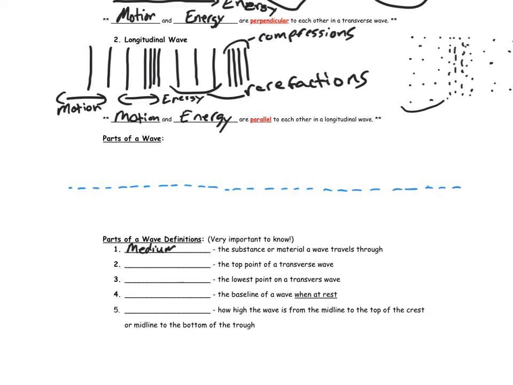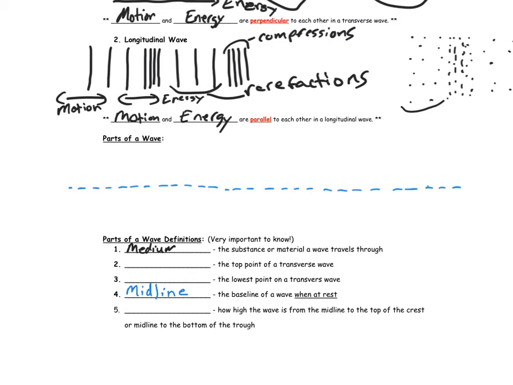So for this example, what we're going to do is go ahead and draw, man, I am just terrible at spelling today. I am going to draw a transverse wave. Now, transverse waves are typically the way waves are represented, but that doesn't necessarily mean that the same things don't apply to longitudinal waves.